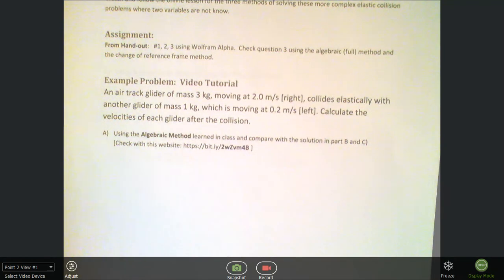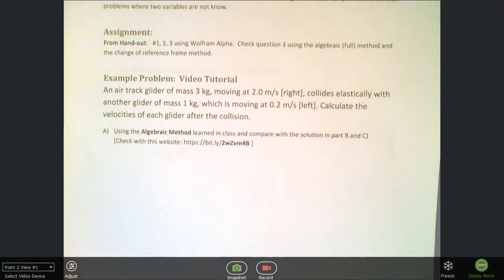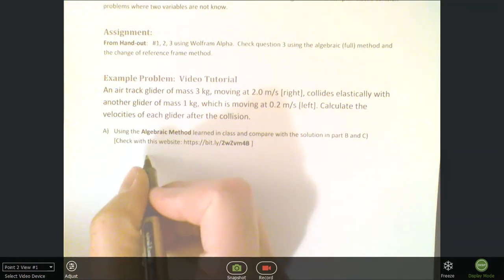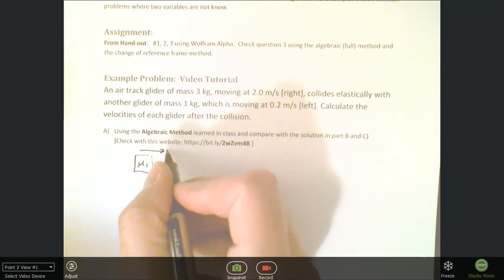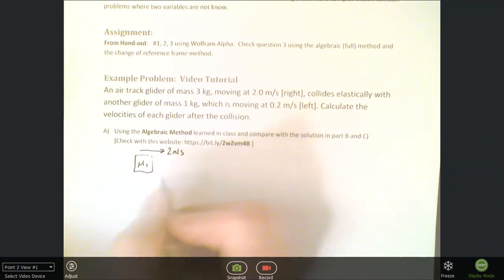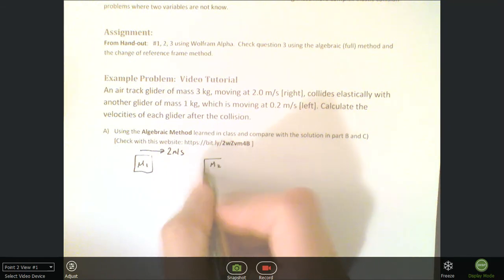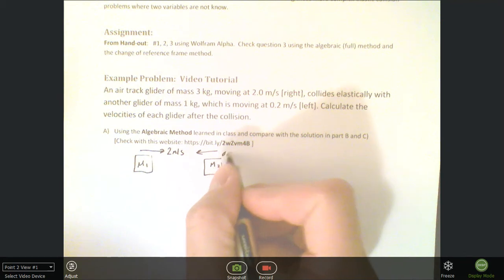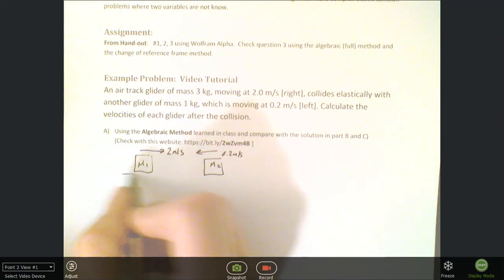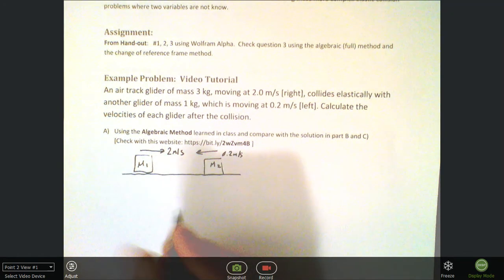Okay, so here's the problem. We have an air track glider of 3 kilograms, and it's moving at 2 meters per second to the right, and it's going to collide with another mass of 1 kilogram moving at 2 meters per second to the left. So this is our before situation.